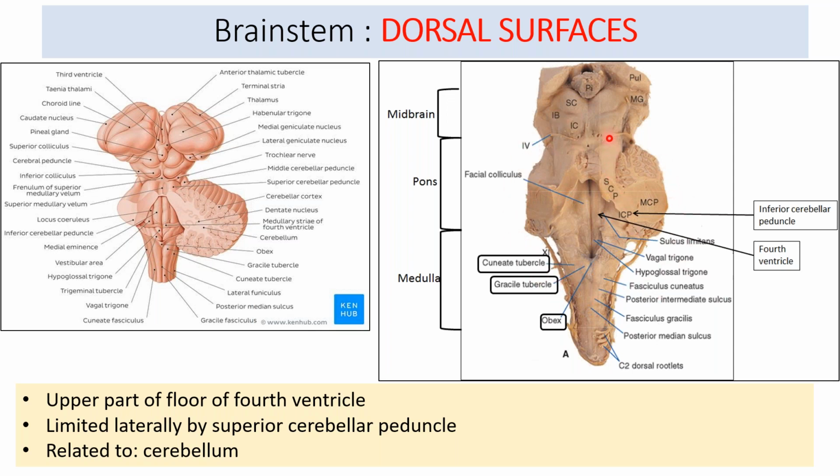You can see the continuation of the superior cerebellar peduncle right from the midbrain, the middle cerebellar peduncle which was cut through the pons, and the inferior cerebellar peduncle which is continuous from the medulla to the cerebellum. So laterally, the limit of the posterior aspect will be the superior cerebellar peduncle, and posteriorly it will be related to the cerebellum.